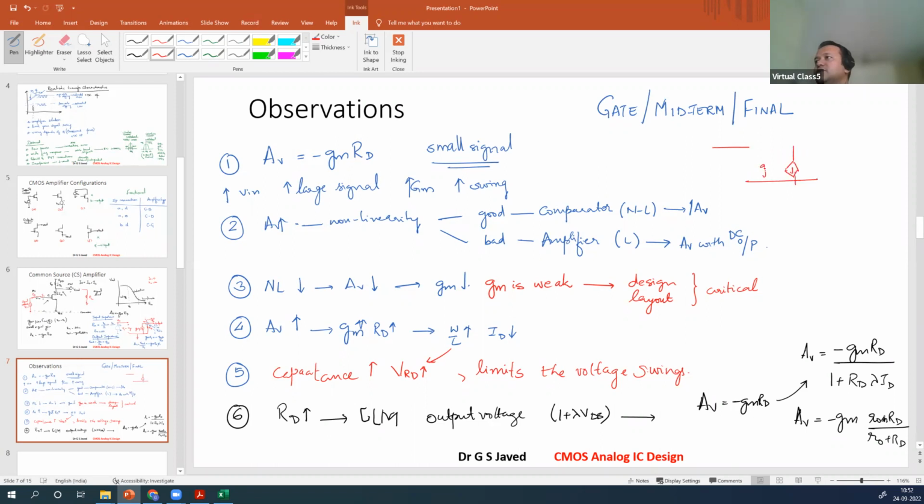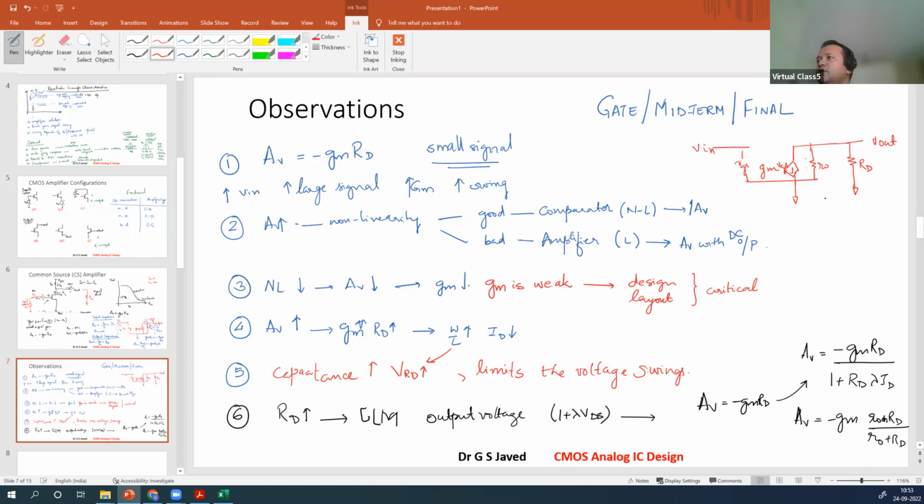So this is your gm VGS. This is VGS. This will be r0, right? Now here will be your RD. This is Vout. This is Vin. Now if you see, r0 is connected from this node to ground, and RD is also connected from the same node to ground.